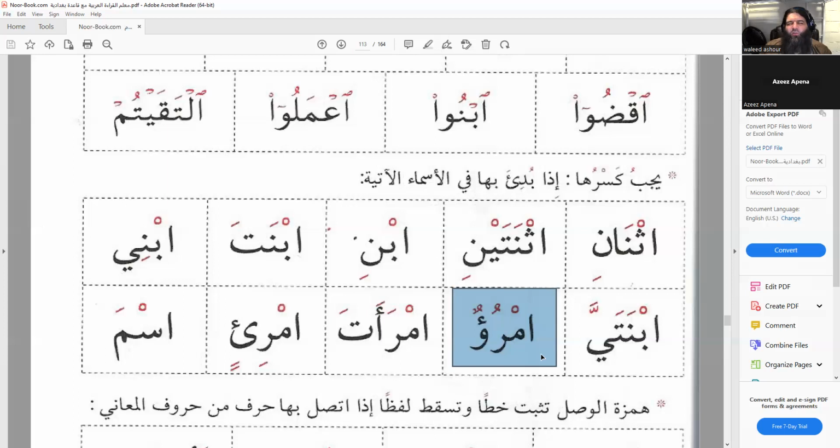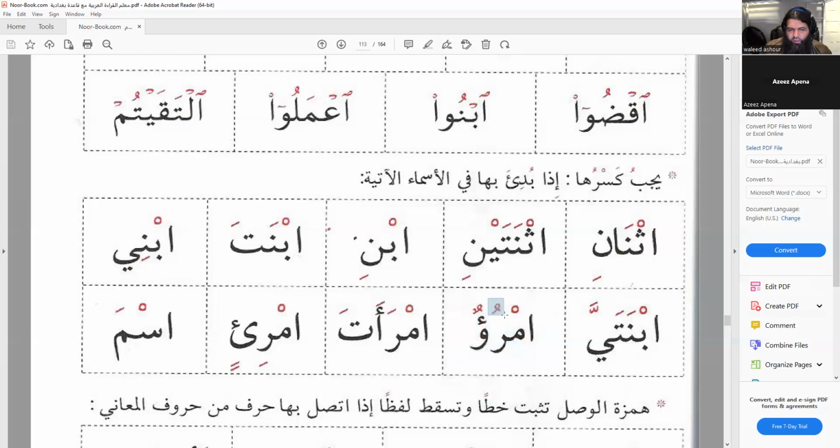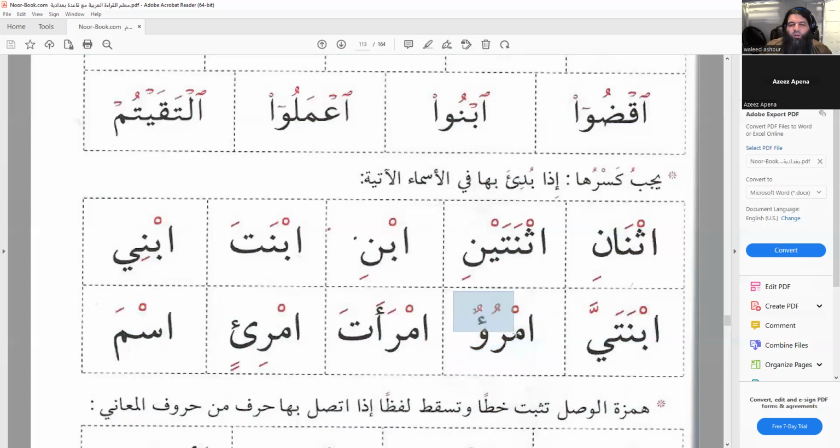It would be too hard to keep track of all this. So let's just stick with the rule that says if the third letter has a dhamma, then we're going to say u. And if that is the case, then we're going to say umru'un.